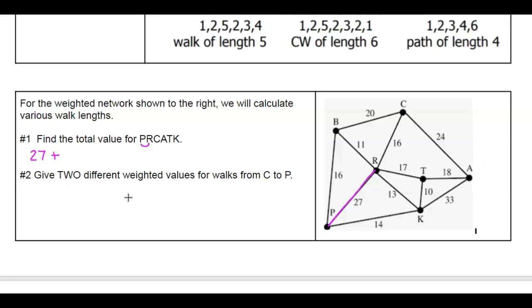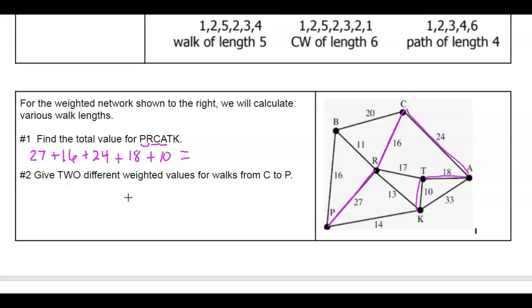Then I need to go to C, so that's 16. Then I need to go to A, that's 24. On your work, I would just see these numbers. Then I would go to T, which is 18, and then I would end at K, that's 10.